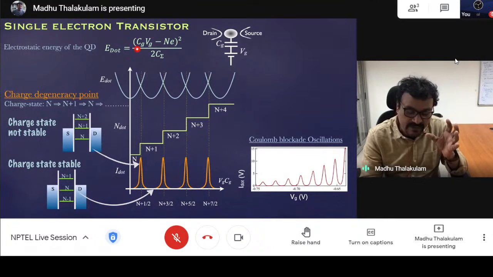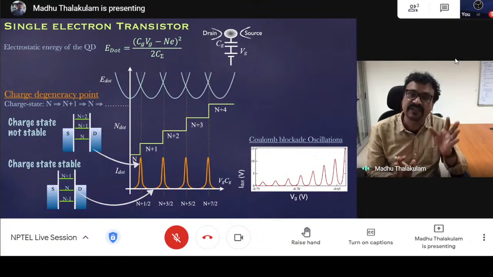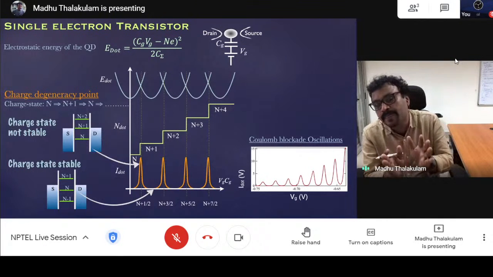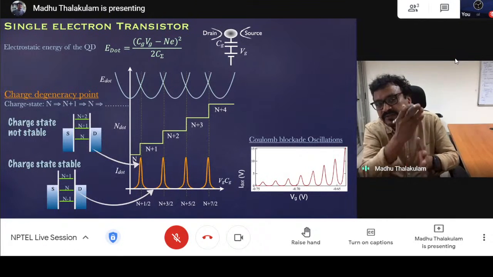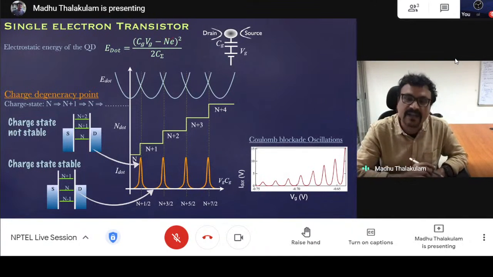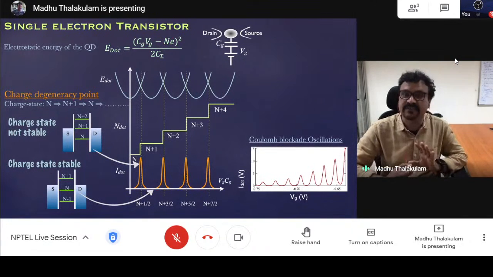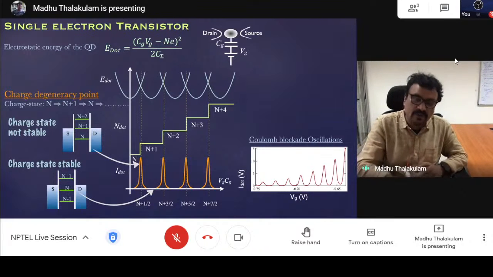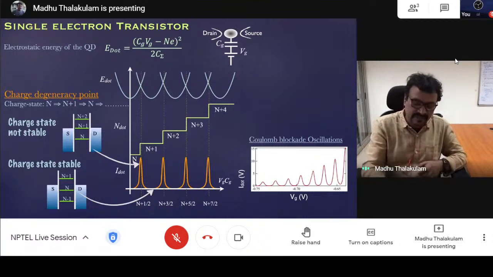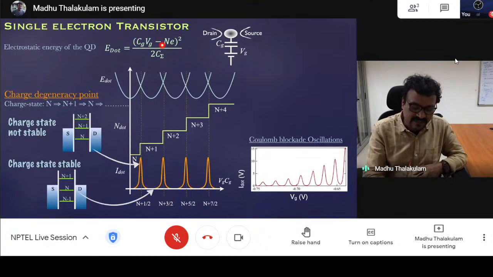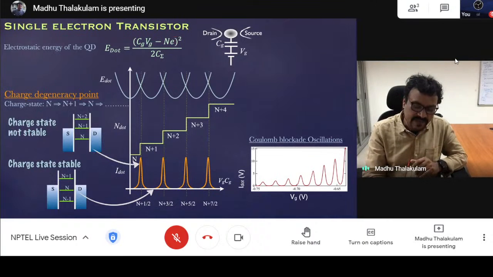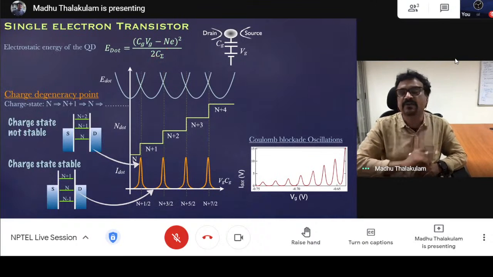This is the continuous part, because the gate voltage that you are going to vary, that's the electrostatic potential that you are changing by applying the gate voltage, and that is a continuous variable, whereas Ne, the number of electrons on the dot, is a discrete variable. Okay, so the total effective charge on the dot is actually CGVG minus Ne. That's what it is. Okay, and the square of that divided by the capacitance will give you the electrostatic energy of the dot.